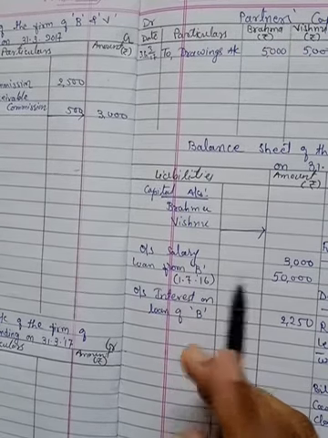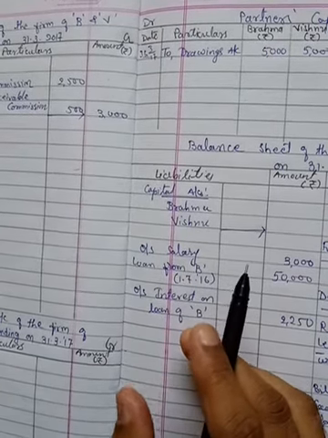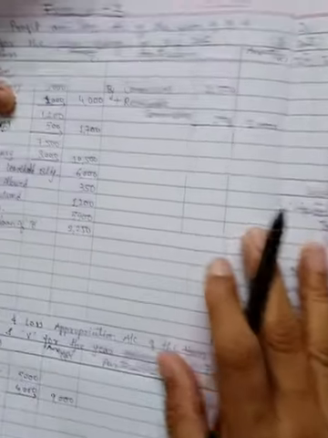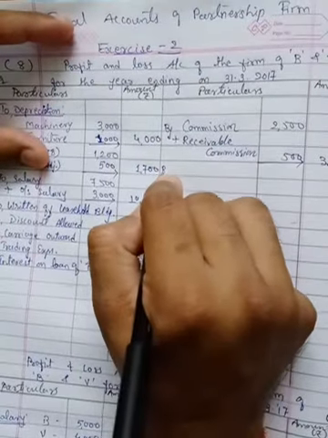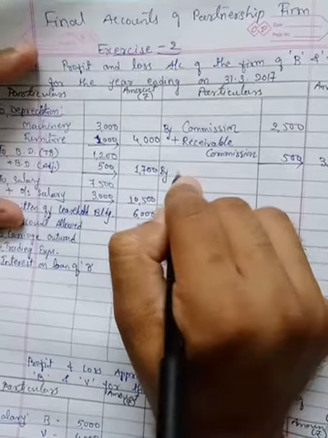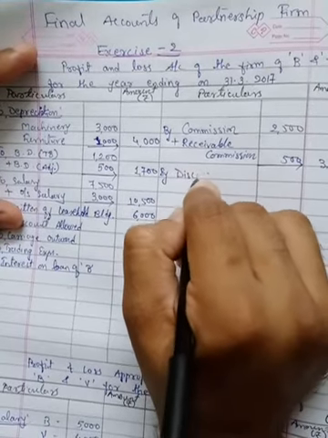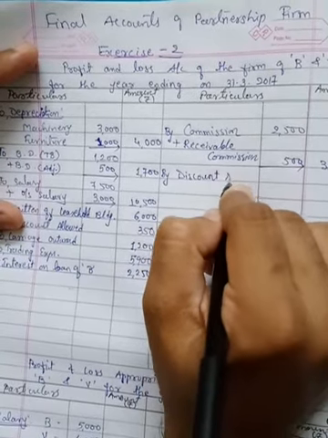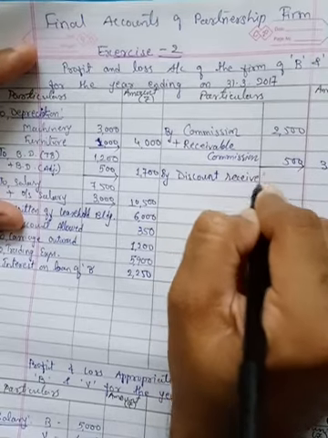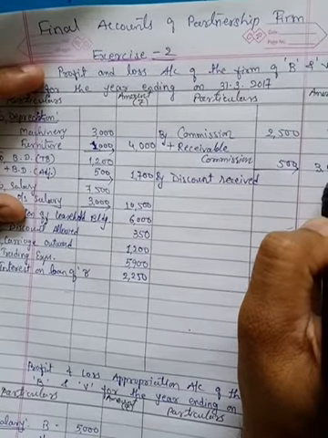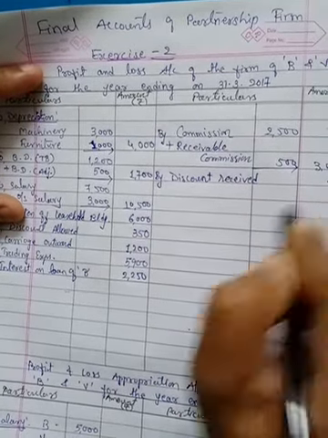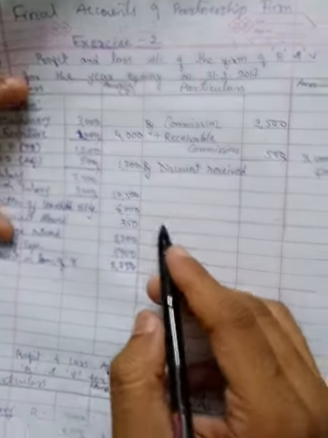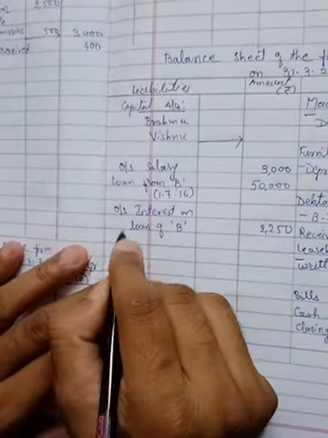Okay, then discount received, next balance, it is 400. So discount received is an income recorded on the credit side of the profit and loss account, discount received, which is available 400. Then creditors are recorded on the liability side of the balance sheet.